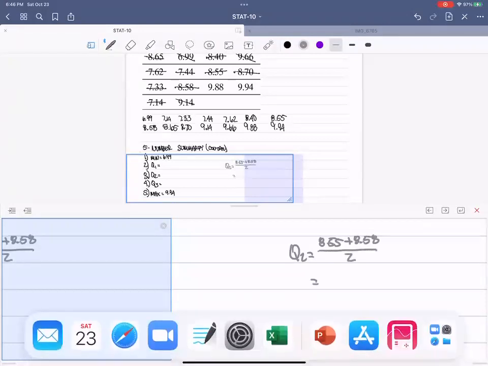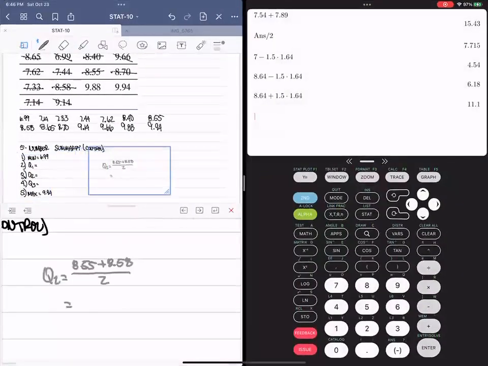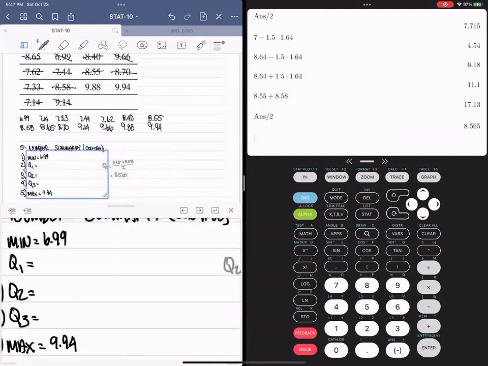So figuring that one out, 8.55 plus 8.58, 17.13, and we're dividing that number by 2. 8.565. So that's Q2.